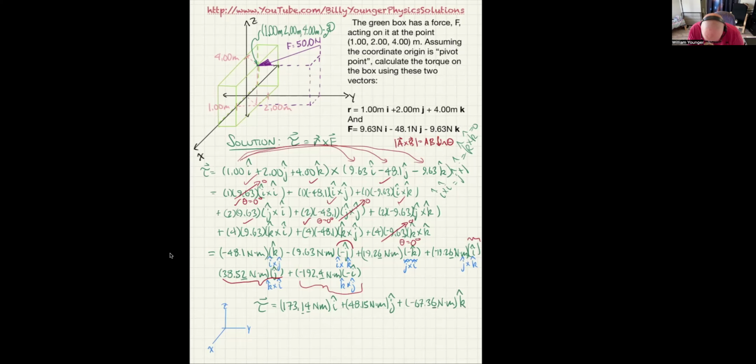When I got the 48.15 that I previously did, that was a result of the 9.63, which had two decimal places that were significant, and the other J hat term was 38.52 that only had one. So we have to also recognize that this 5 is not a significant digit. So that should be the actual cross product.